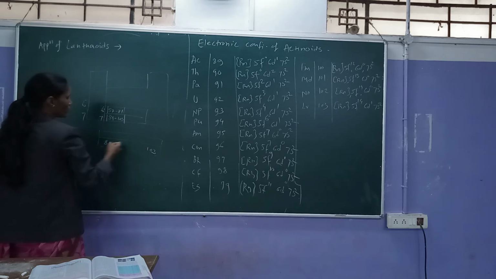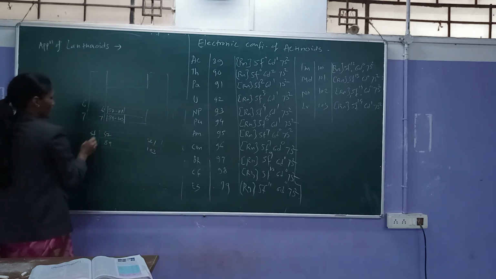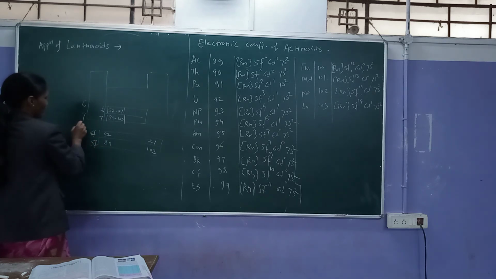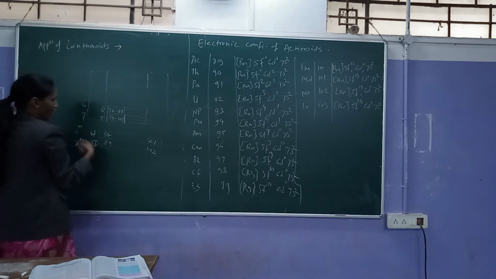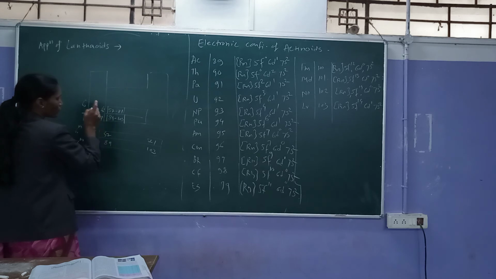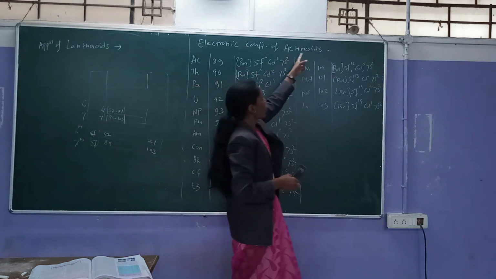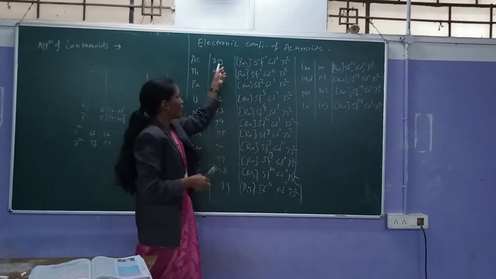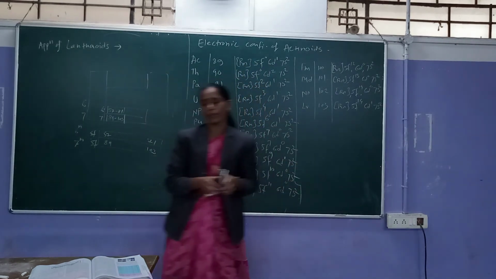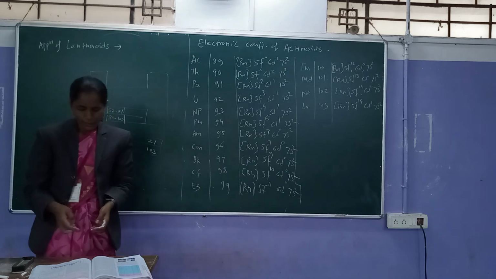This is the 4f series and the 5f series, for the 6th period and 7th period. The 5f series is called actinoids. The series starts from actinium, therefore it is called actinoids: atomic number 89 to 103, a total of 14 elements.